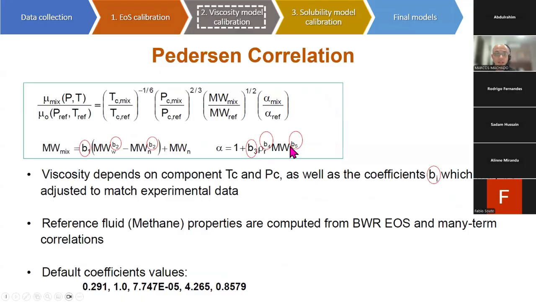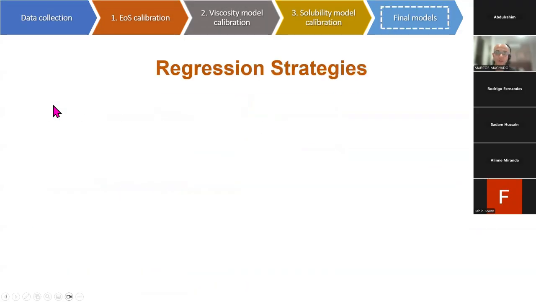Those coefficients are applied to this mixing rule, the mixing rule to compute the molecular weight of the mixture. So you can tune those coefficients in order to predict the viscosity of the mixture. Okay, and let's get to the chase.